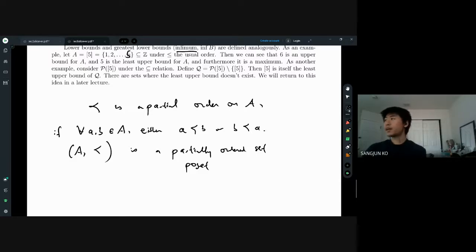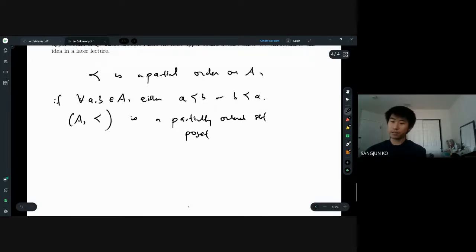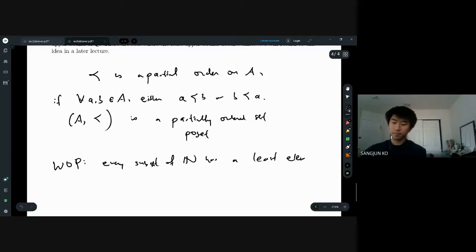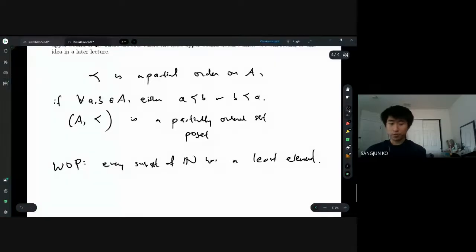And you saw that this is true with the natural numbers with the well-ordering principle. Recall that the well-ordering principle says every subset of N has a least element. Do you recall this? When you did graph theory and stuff from last lecture?